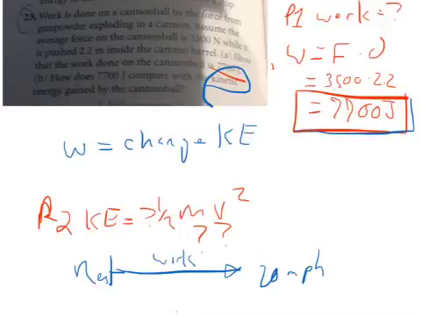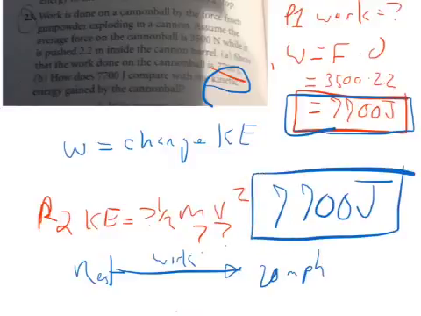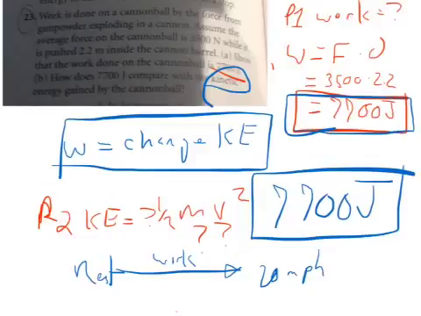So if I know the work done was 7,700 joules, then I know the change in kinetic energy was also 7,700 joules. And it's all on this idea, this is very big, work equals change in kinetic energy. If, say, you're coming to a stop in your car, that means the work to slow it down also equals the change in kinetic energy.